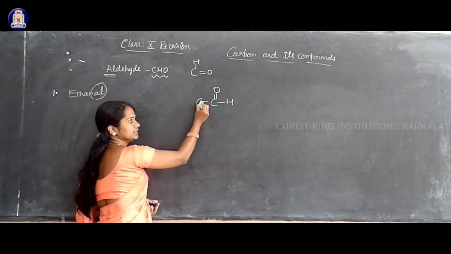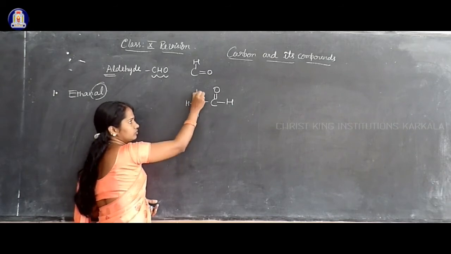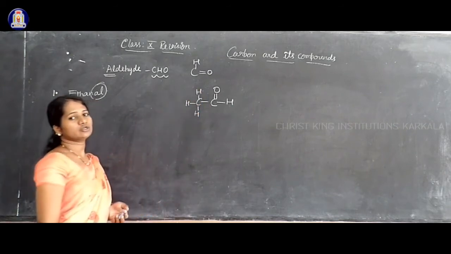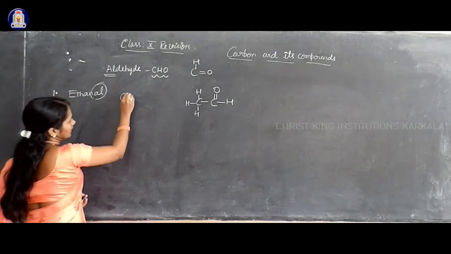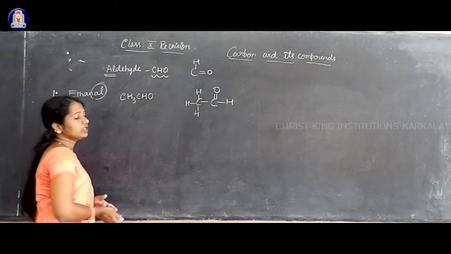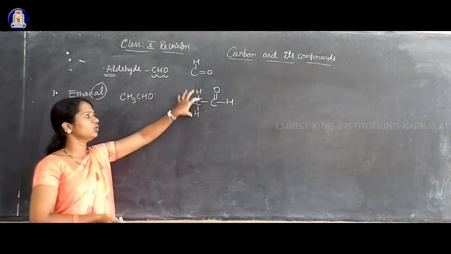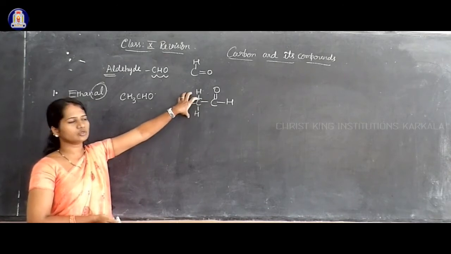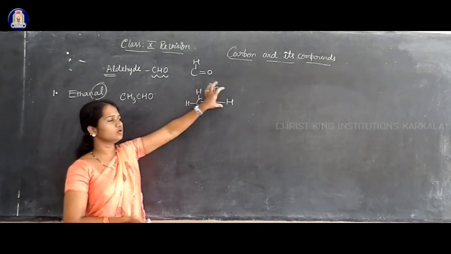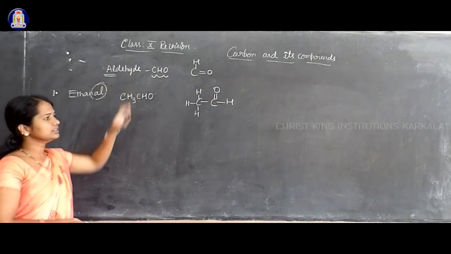It has only single bonds, so second one, third one, fourth one. So what is the structure we are getting here? CH3CHO. This is the molecular formula. First write the structural formula and count how many carbon, how many hydrogen, and this is the aldehyde group. We can write the molecular formula as CH3CHO.